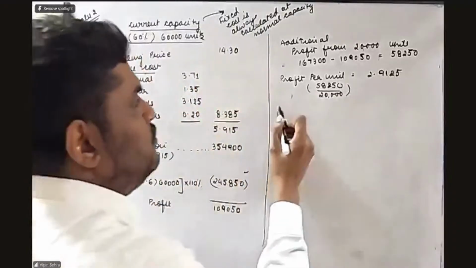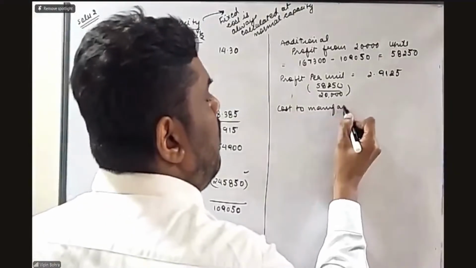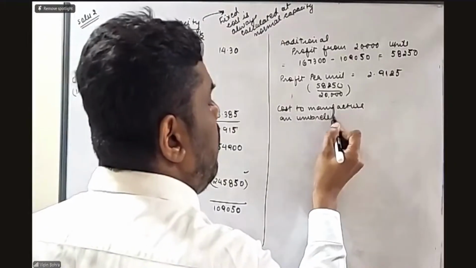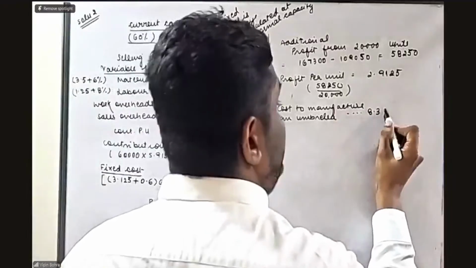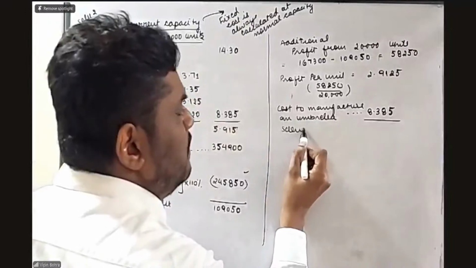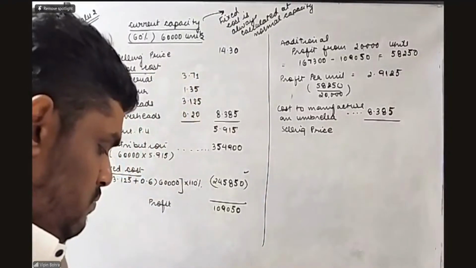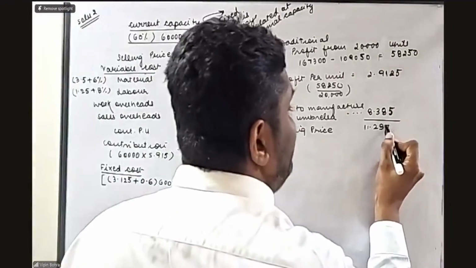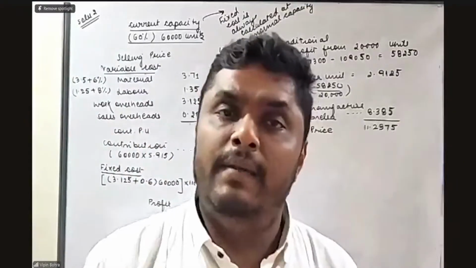Now, the cost to manufacture an umbrella is 8.385. So how much should be my selling price? 11.2975. So this is the minimum price I want for my umbrella.